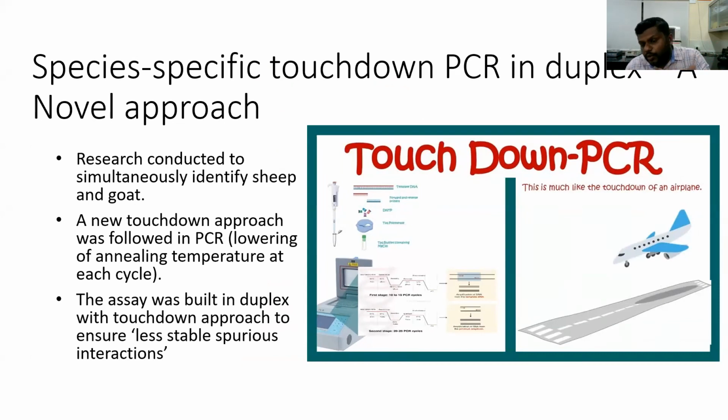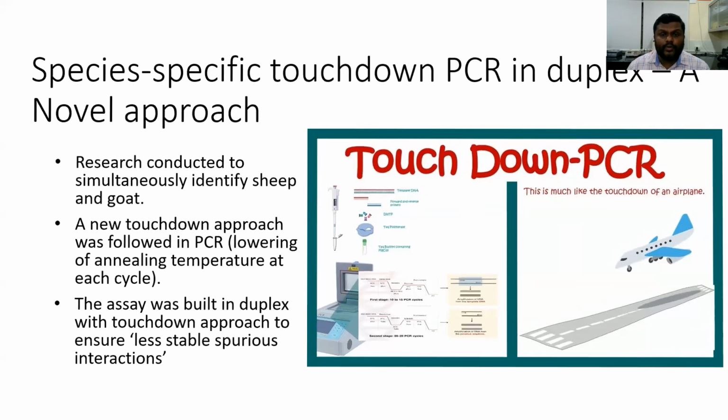Then you will have two reverse primers which are species-specific: one sheep-specific reverse primer and one goat-specific reverse primer. So in that reaction, we have three primers, and this has been standardized in NRC Meat. Now this is at the publication stage.